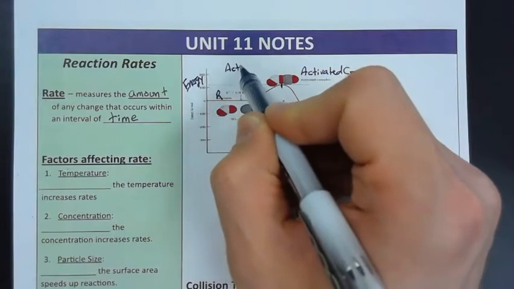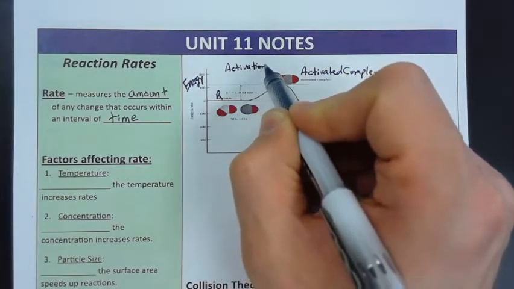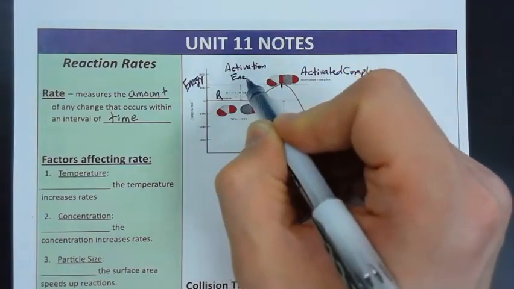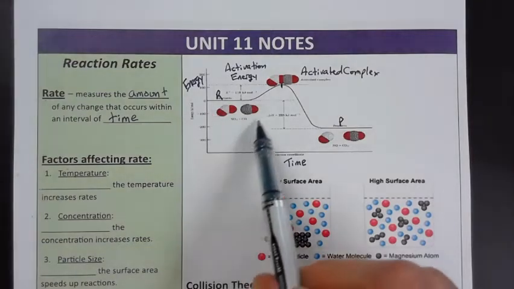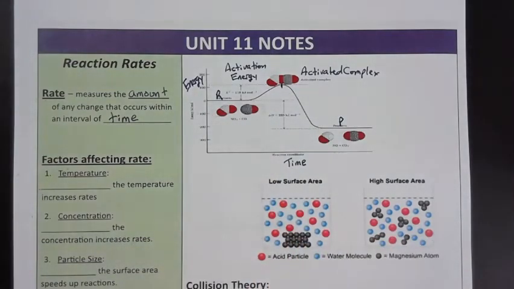Is what we refer to as that activation energy. Okay, so reactions that have a small activation energy can occur quickly because they don't need a large amount of energy to be applied. And the reactions that might have a much larger activation energy will occur slower because they need a larger dose of energy for that reaction to occur.